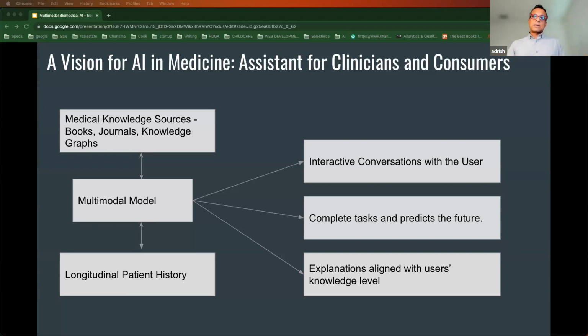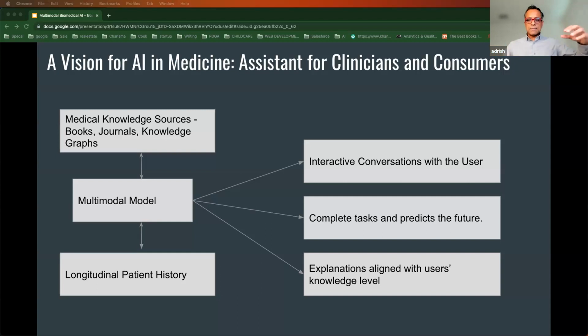The second one is for clinicians: a clinician should be able to have a conversation with this agent, and this agent should be able to automate a lot of the tasks so that I don't have to do a lot of the administrative activity. It should also be able to predict my health conditions, like whether I'm going to have a heart attack or not.